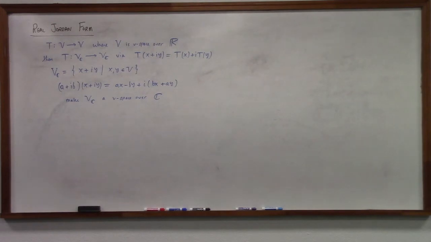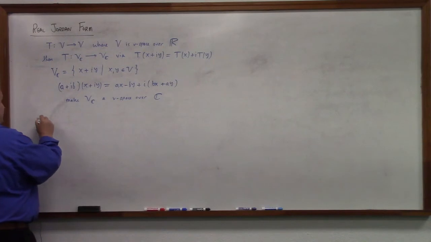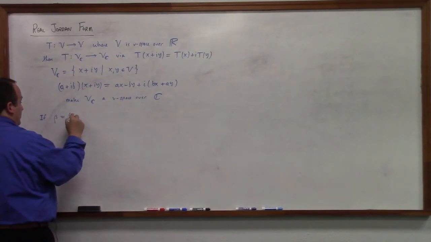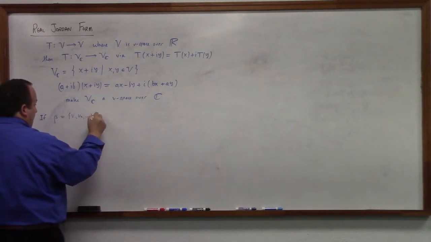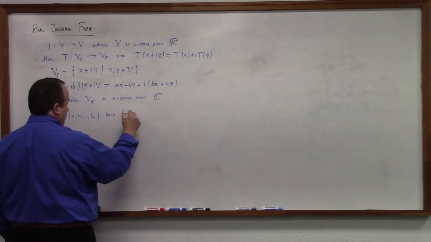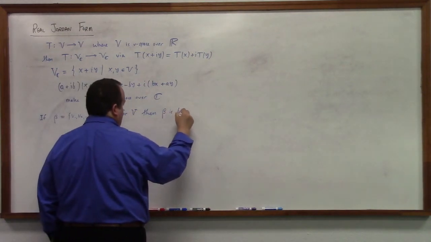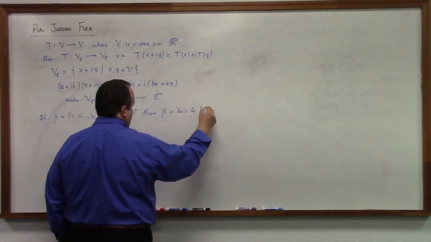See, because we can prove theorems connecting the basis for the real vector space V to the corresponding basis for the complex vector space V sub C. So one of the theorems is just this: if beta equal to v1, v2, ..., vn is a basis for V, then beta is a basis for V sub C.